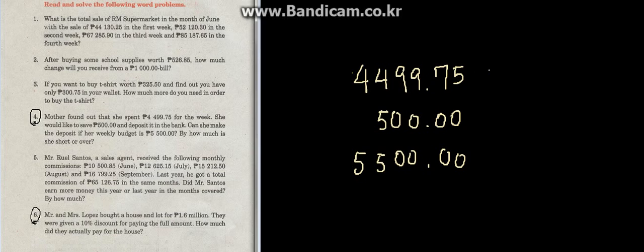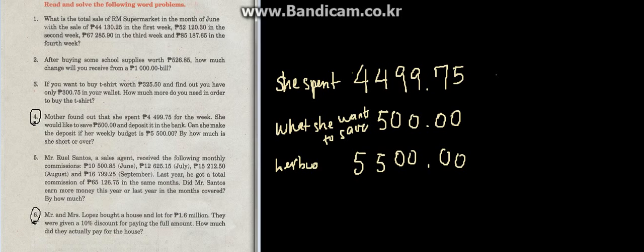The first number means how much she spent. This is what she wants to save. The last number means her budget.